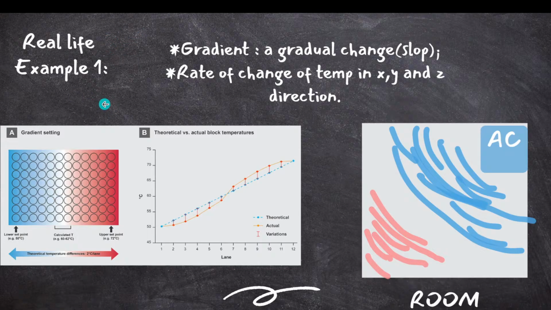This is the first real life example where we use the gradient. Gradient means the general meaning, gradual change, that is also called slope. But especially here we are using the gradient as the rate of change of temperature in x, y, and z direction. Suppose there is a graph where this is the most heated area and this is the coolest area.